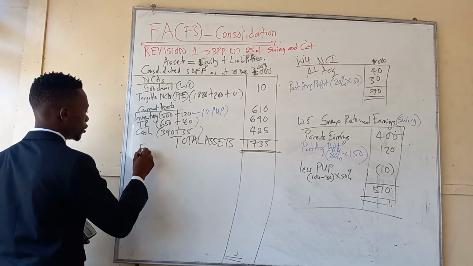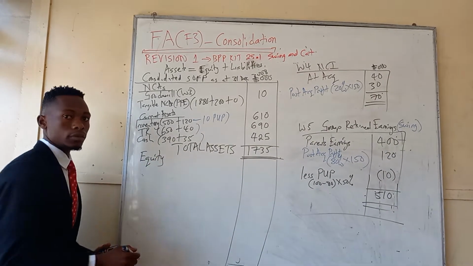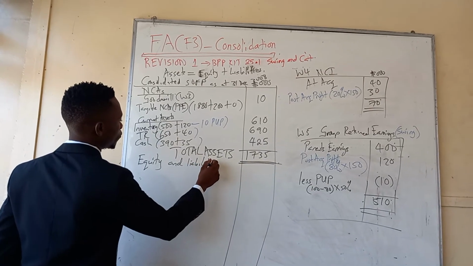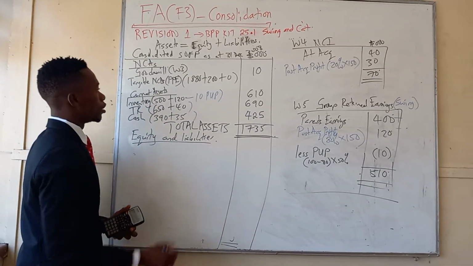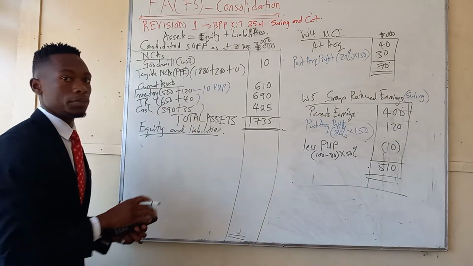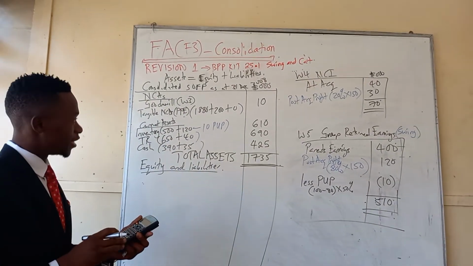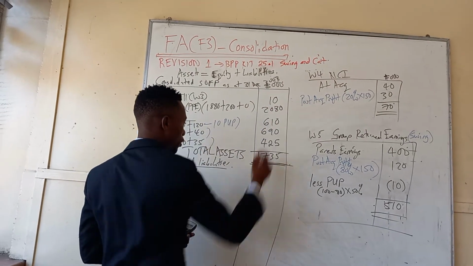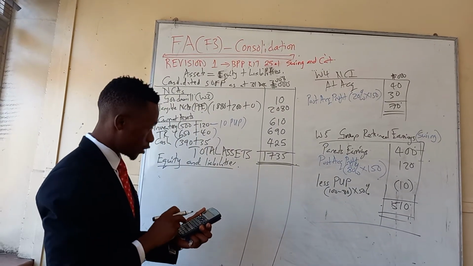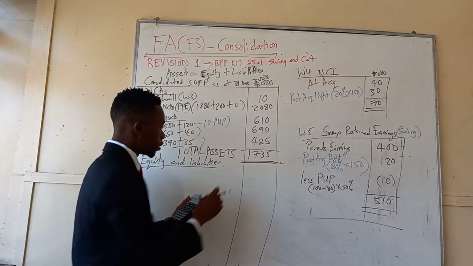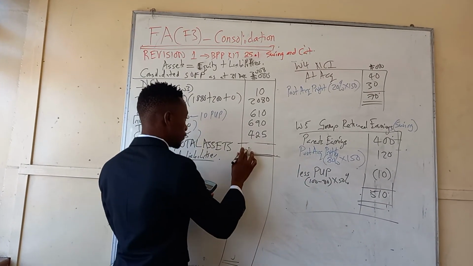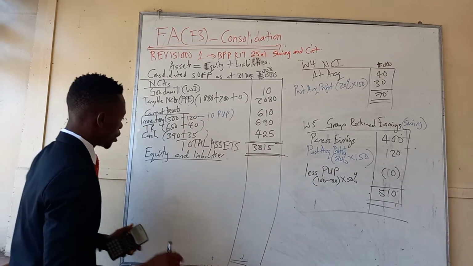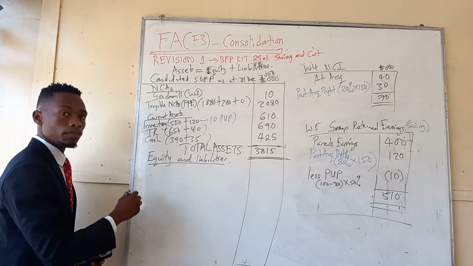Then we have the equity and liabilities. Sorry, I forgot to add the PPE. 18.8 plus 200. This is 28. So plus 17.5. So that's 38.15. Right. Equity and liabilities now.